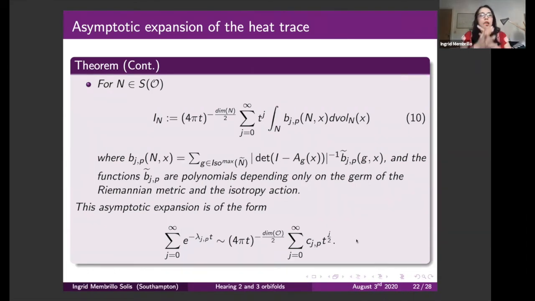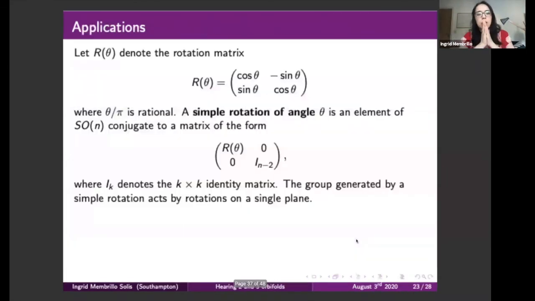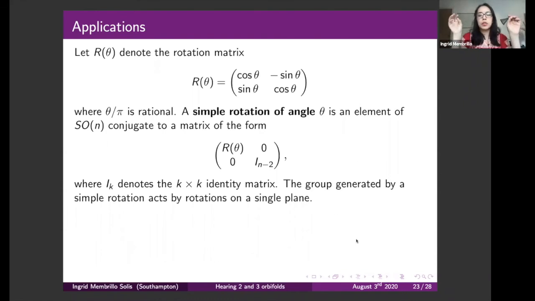All right, so this is just our general result, and we would like to apply it to see if we can hear the singularities for the case of three-dimensional orbifolds or two-dimensional orbifolds. So here let R denote the rotation matrix in SO(2), where theta over pi is rational.